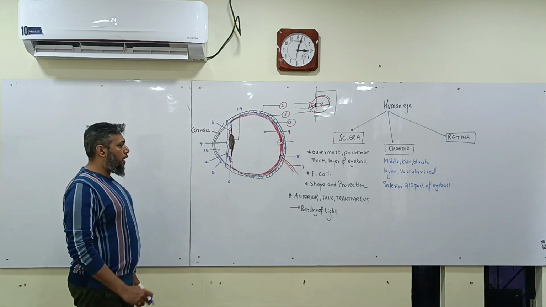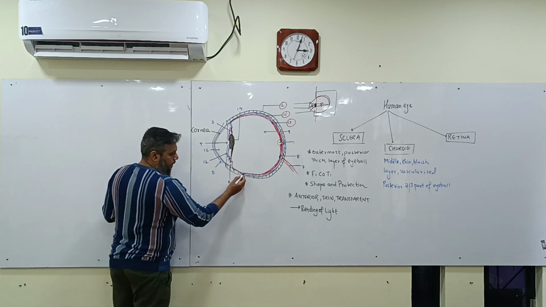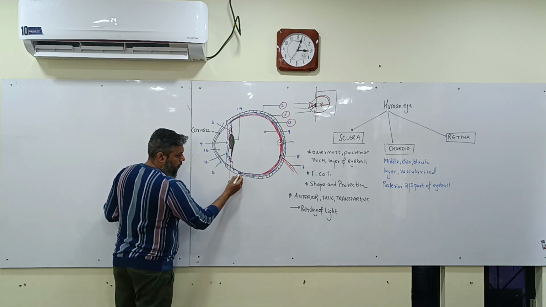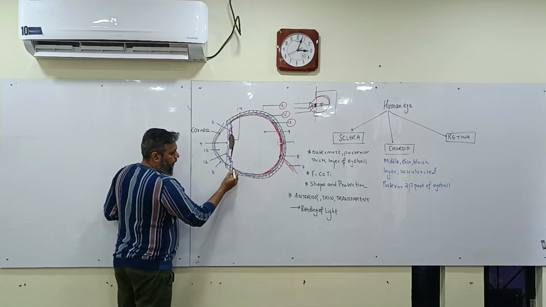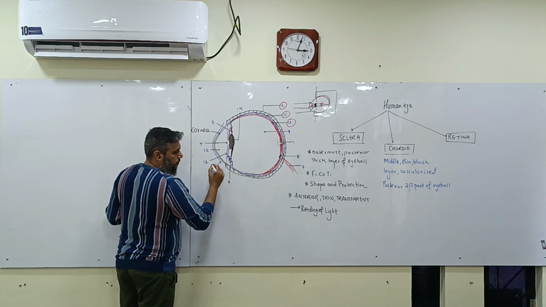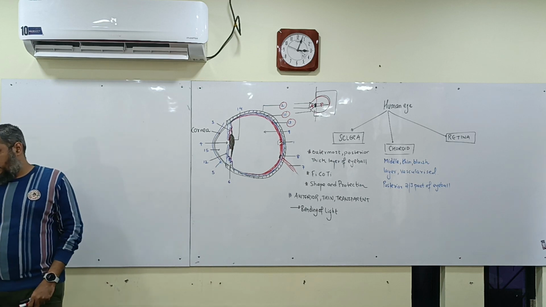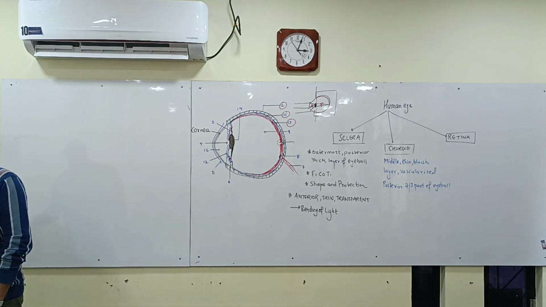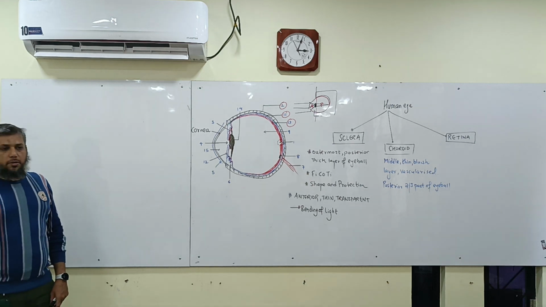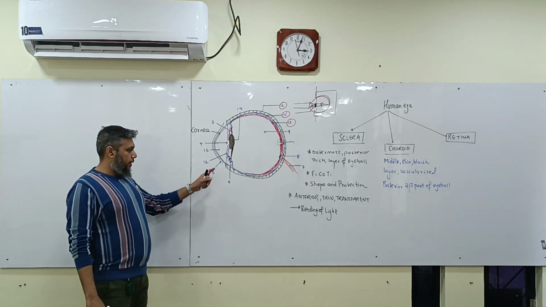Anteriorly, towards the front, as the choroid moves forward, can I say the choroid has enlarged anteriorly? The choroid has thickened. What is the word NCERT uses? It becomes thick. Who becomes thick? Choroid.